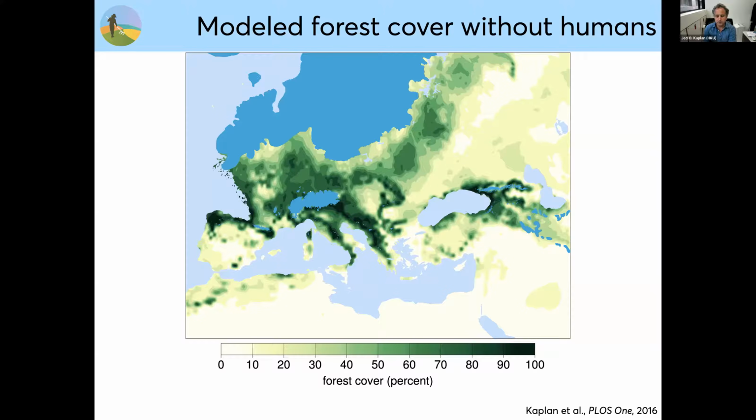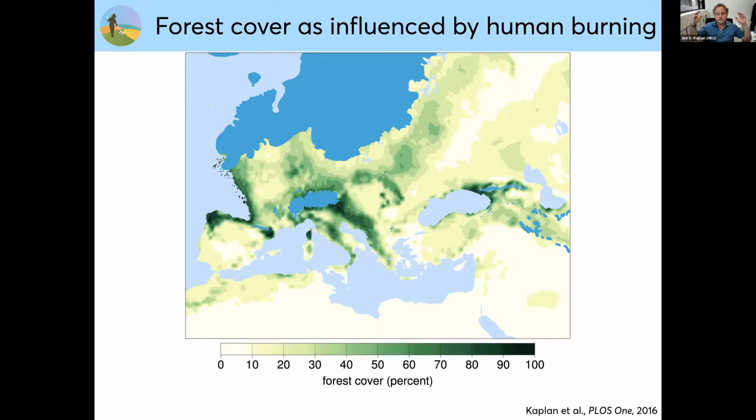But if we put people into that landscape and allow them to burn it, then the landscape opens up and we have a much more open landscape, which is more consistent with what we observe in paleoenvironmental records and pollen records, for example. So humans, hunter-gatherers living in the late Pleistocene, using fire, perhaps opened up landscapes on a very large scale.